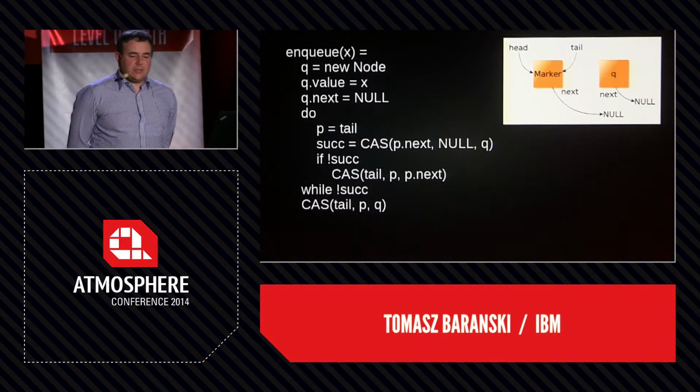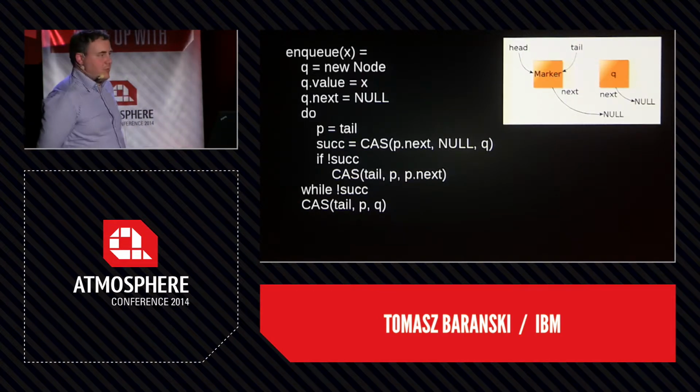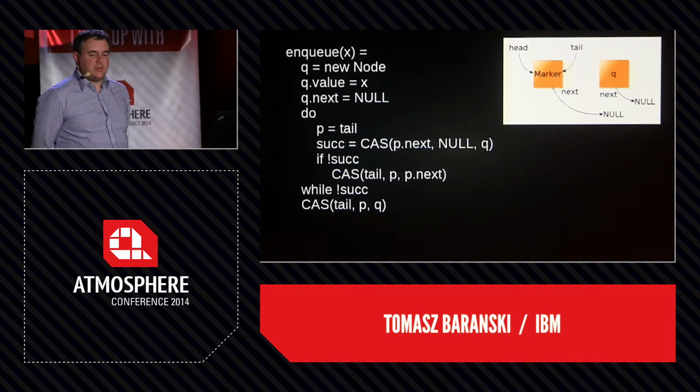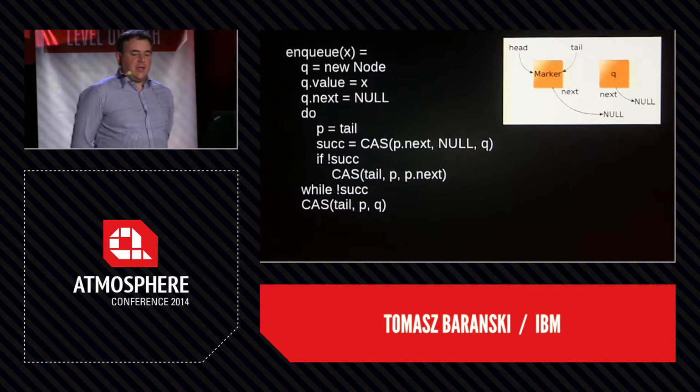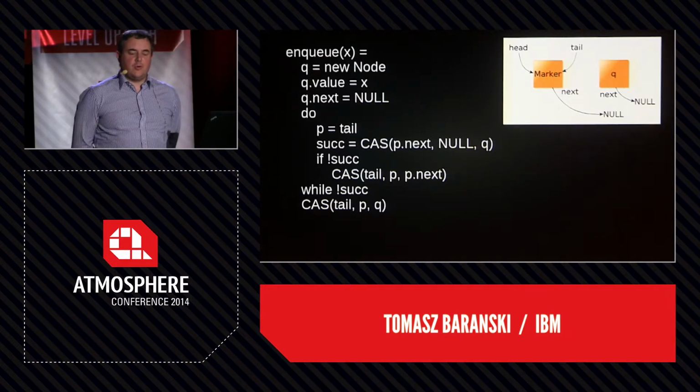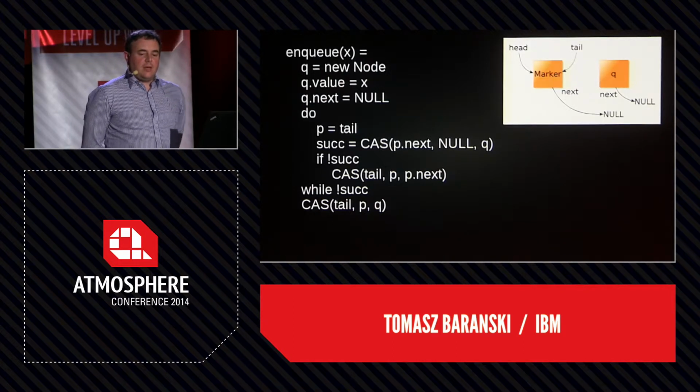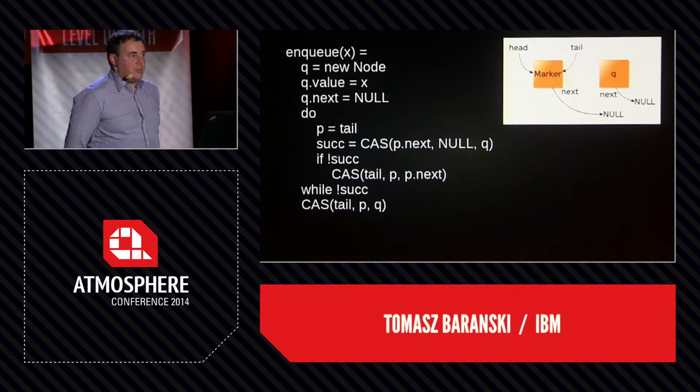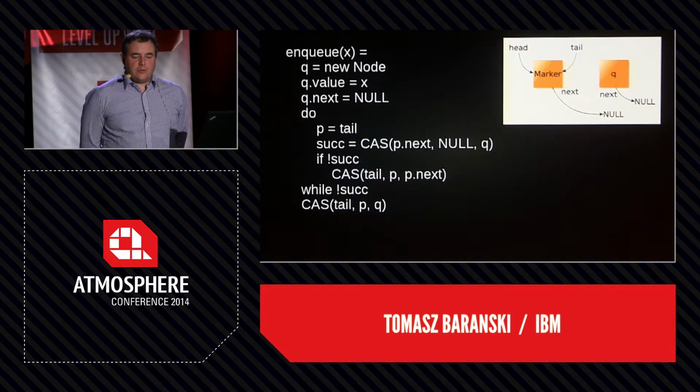So what John Valois proposed is this operation. We create a new node as previously, the first three lines, and then we do a so-called CAS loop, or compare-and-swap loop. We take a temporary variable, assign it to point to tail, and we try to replace the tail with our new node.